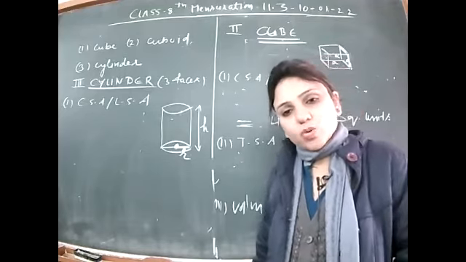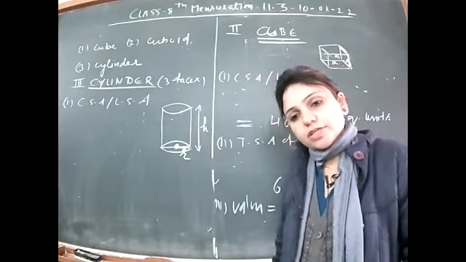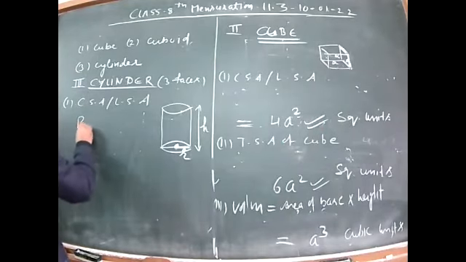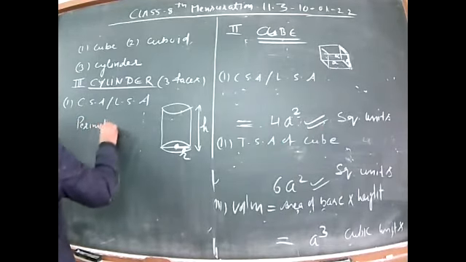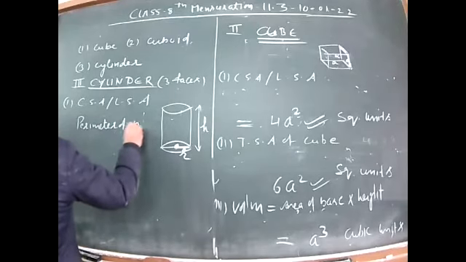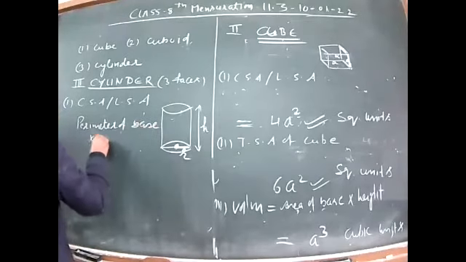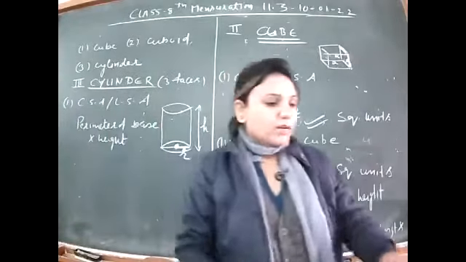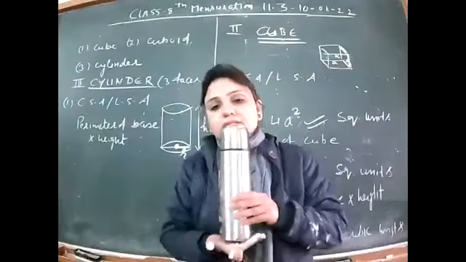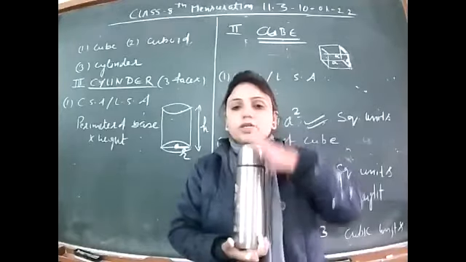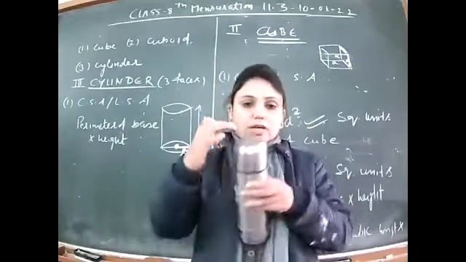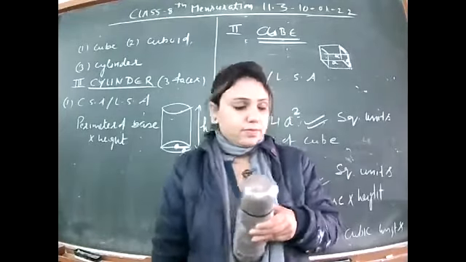So what concept is working behind the curved surface area or lateral surface area? This is perimeter of base into height. And you know, when we are talking about a cylindrical object, the base and the top are in the form of a circle.